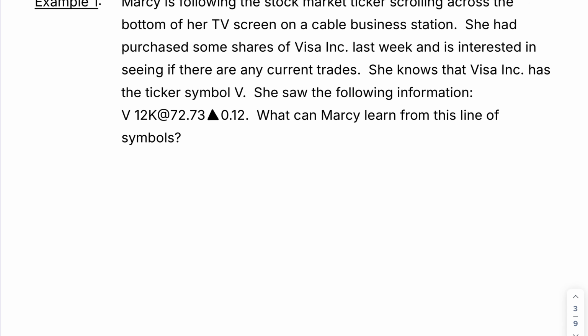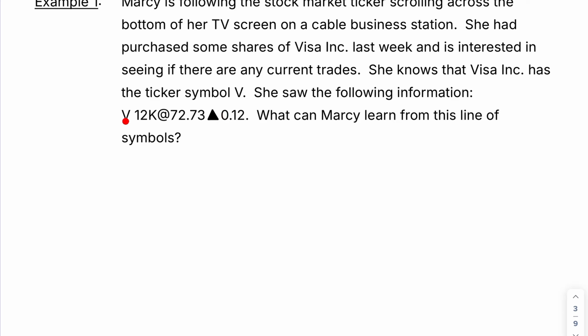Okay, so what she can learn is the latest trade for Visa, and we know it's Visa because of this symbol for the company Visa Inc. The last trade was 12,000 shares, and it was traded at $72.73, and that price was up from yesterday's closing price by 12 cents.